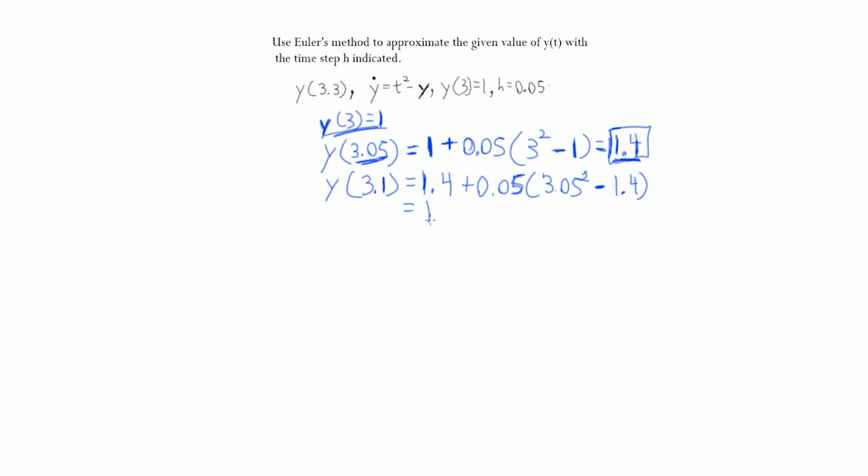And I got 1.795125. Okay, with Euler's method, you do not want to approximate early. You want to leave the approximation for the very last step. So store all the answers in your calculator.